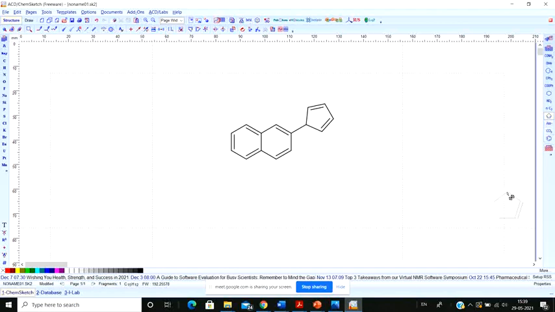Now in the opposite direction, there is a list of elements present. The most widely used elements are generally given there, and generally the most widely used are carbon, nitrogen, oxygen, sulfur, phosphorus. These are the most widely used elements or atoms present.